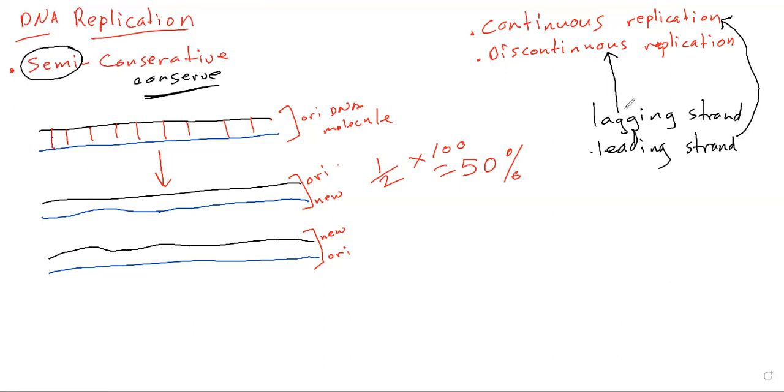But if they just ask you to explain DNA replication, then they are telling you to explain how both strands are replicated. Right, so we are going to do both of them now.